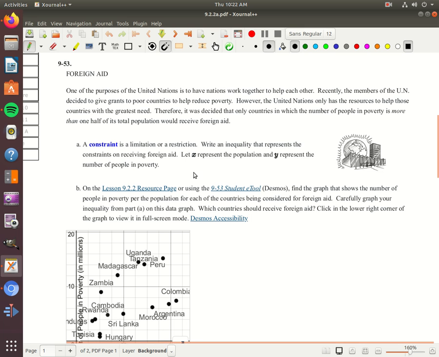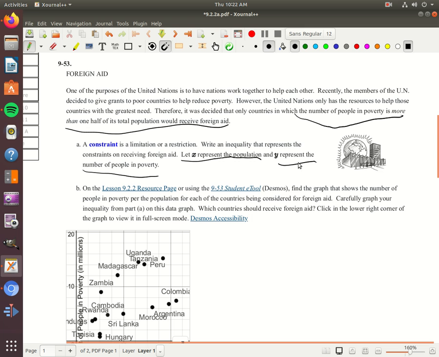Let X represent the population, and Y is going to represent the number of people in poverty. So that's going to be important. It's going to ask us to open this resource page, which I'm going to do in a minute. We'll keep in mind the X and the Y, and we'll also keep in mind here what we're going to graph. We're only going to graph that the number of people in poverty is more than 1/2 of its total population.